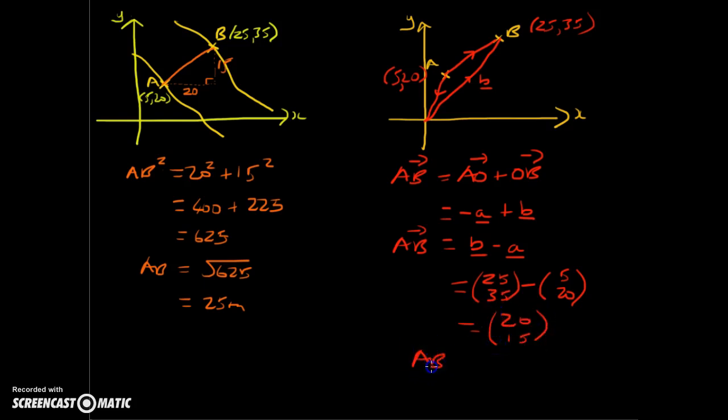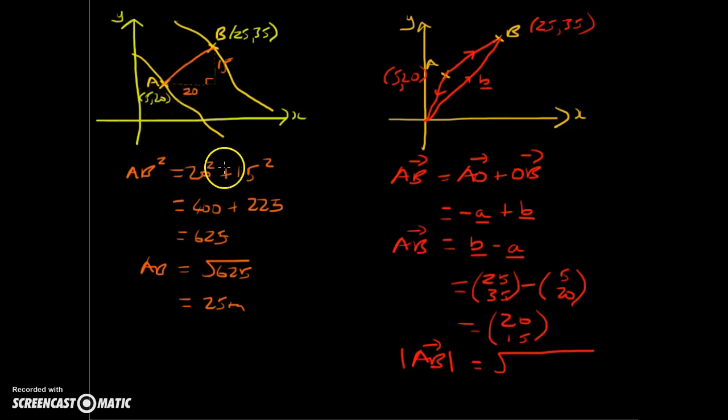And what we're looking for is the distance from A to B, or another way of expressing that is the magnitude. That's the way we write the magnitude, with the lines at both sides. So when we've got these components, we can apply Pythagoras to them.